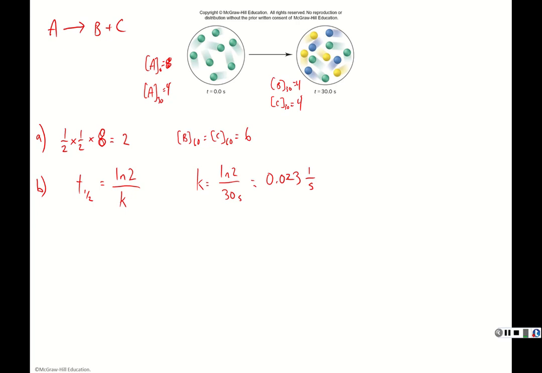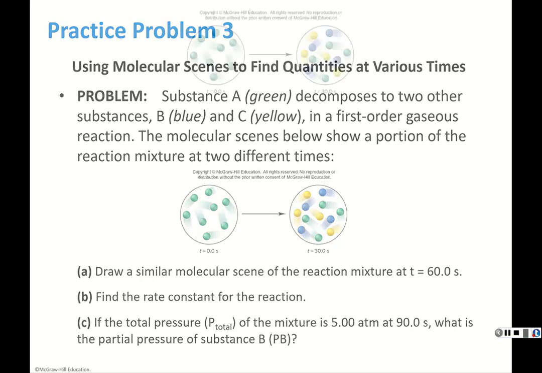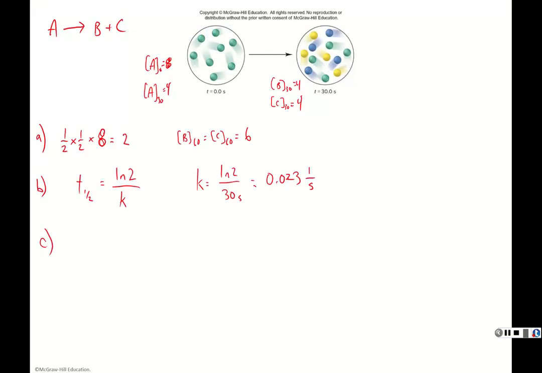Okay, and then finally, for C, if the total pressure of the mixture is 5 atmospheres at 90 seconds, what is the partial pressure of substance B? So P equals 5 atmospheres at 90 seconds.